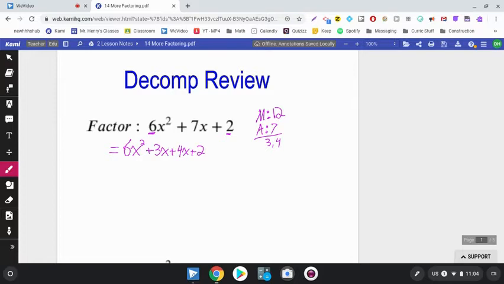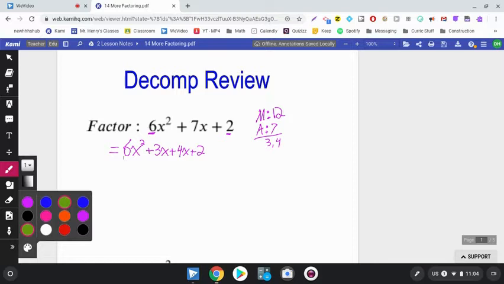Okay, great. Well, now that I've done this, what I can say is factor by grouping. So I'm going to factor out a common factor from the first 2 terms and a common factor from the second 2. All right, well, the first group, 6x squared plus 3x, I could factor out 3x.